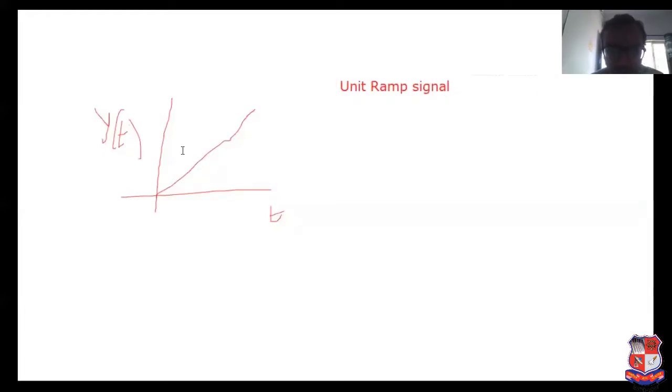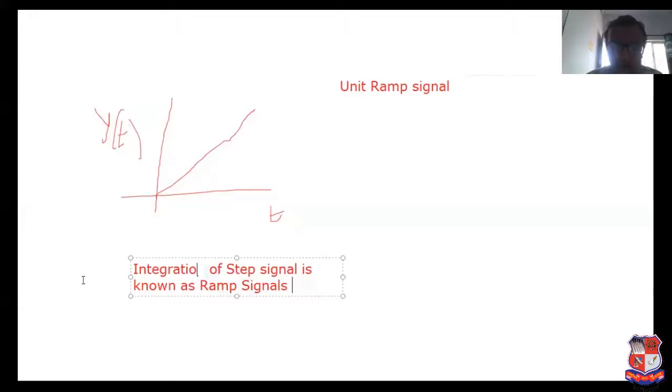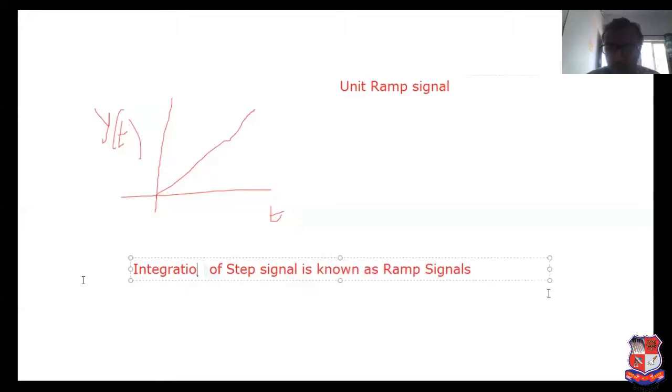It is a collection of different unit step signals. So the integration of the step signal is known as the ramp signal. So the ramp signal r of t is equal to t.